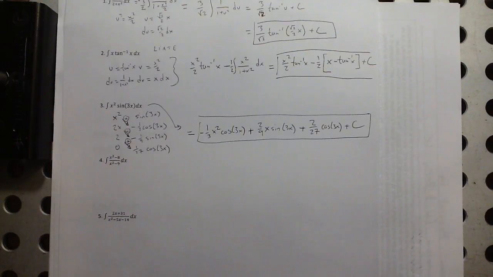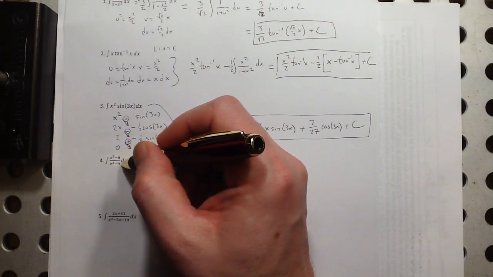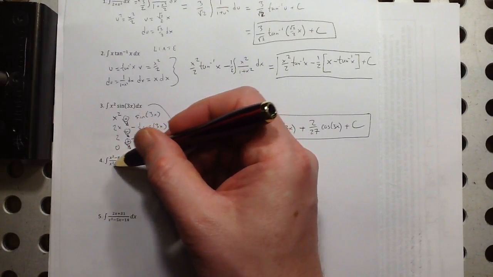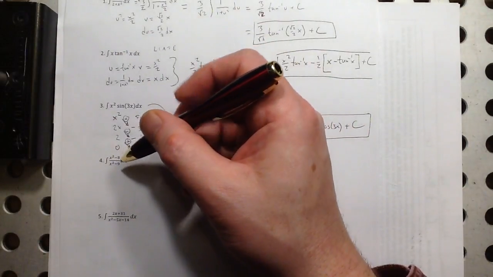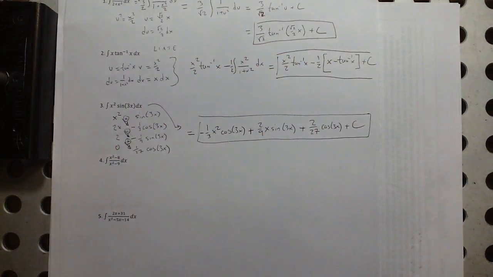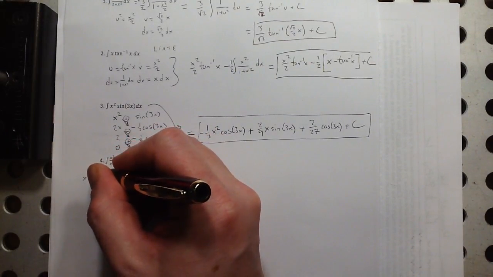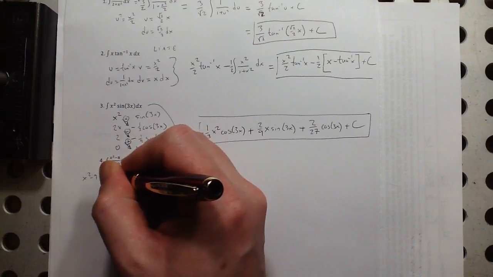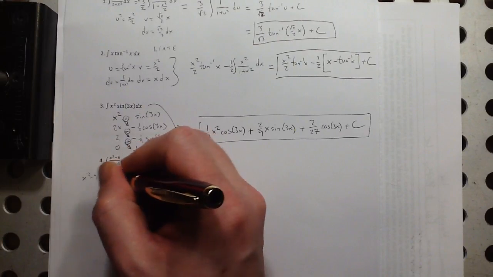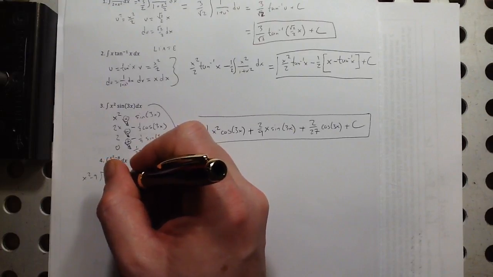All right. Here, this looks like it's got the potential to be partial fractions. The bottom would factor, but on the top I've got the same degree, so I'm going to have to do long division first. So x squared minus 9, how many times does that go into x squared minus 8? Well, if I multiply by 1, that'll get the x squareds to cancel.